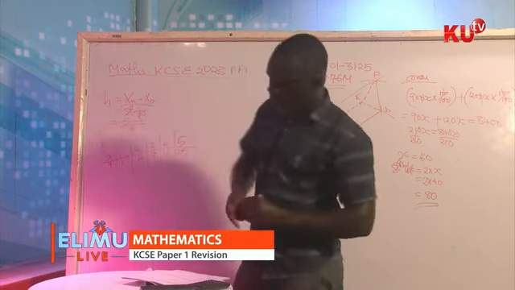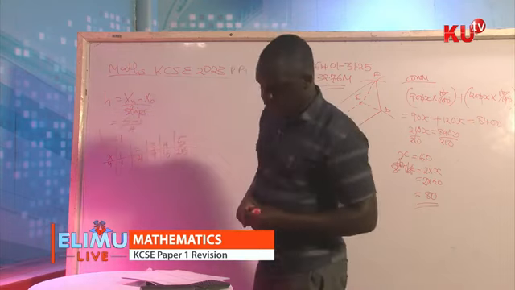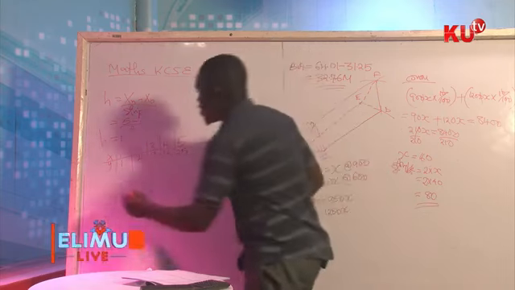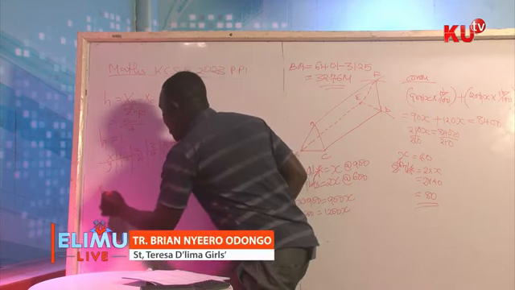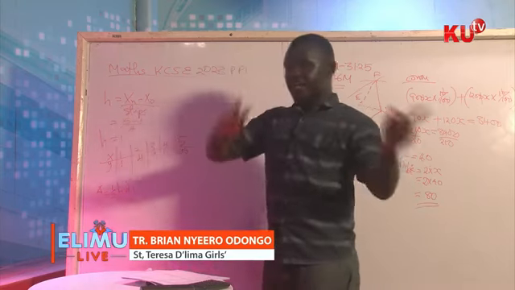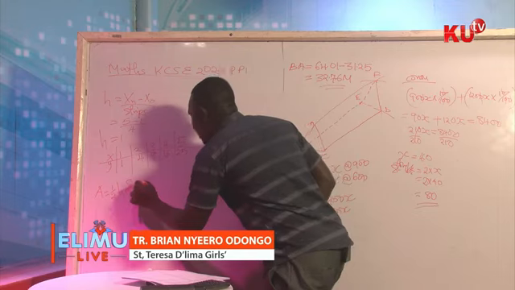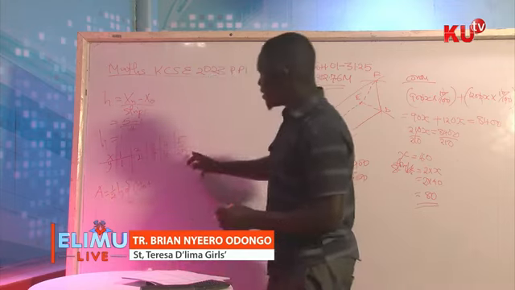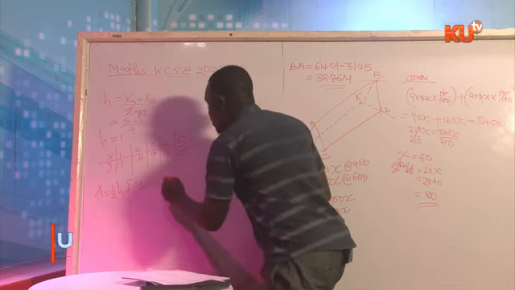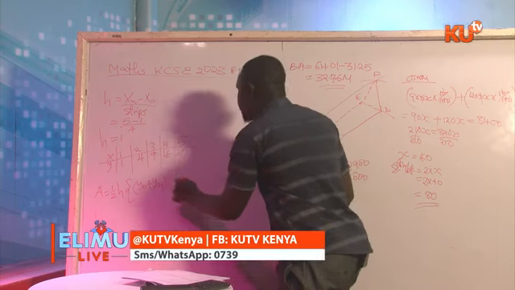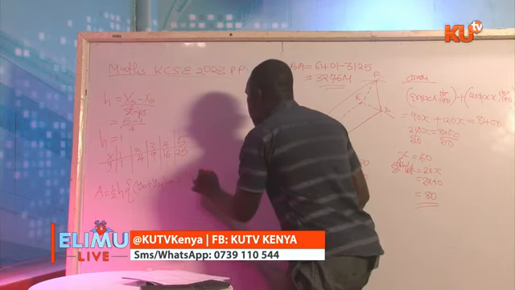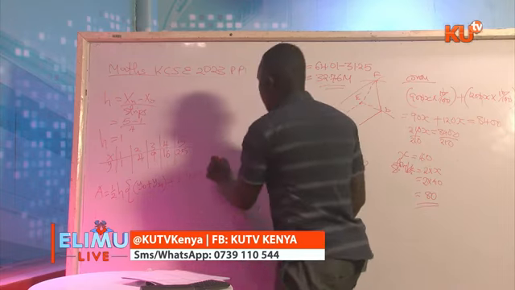After you fill your table, you now apply the formula for getting the area using the trapezium rule. Area is given by a half h into the first and last values of y, that is y naught plus yn, which in this case is y4, plus 2 into the remaining y values, y1 plus y2 plus y3.